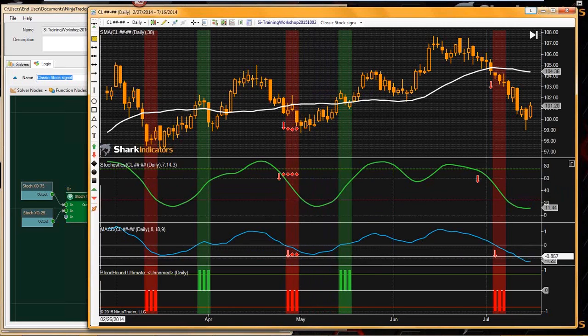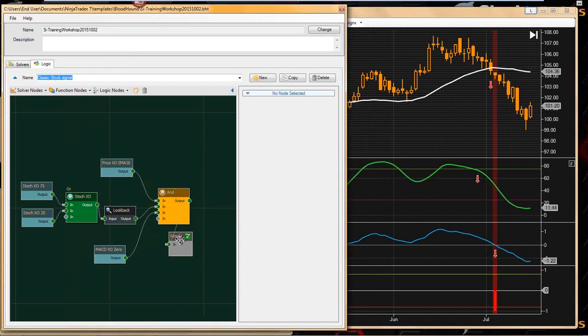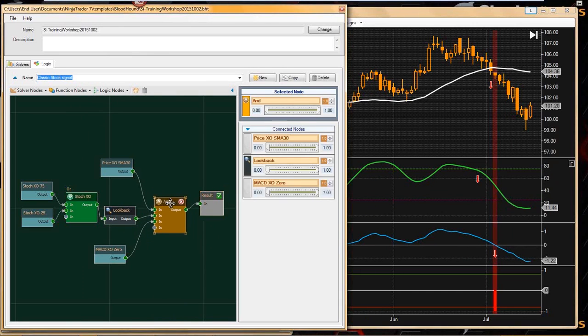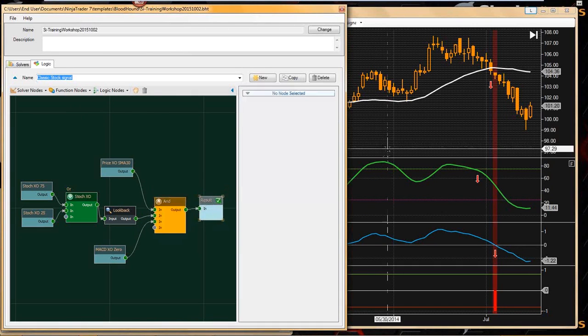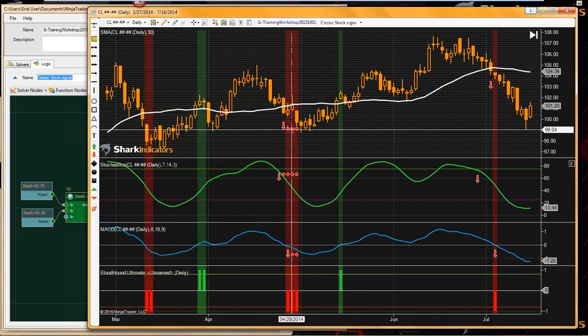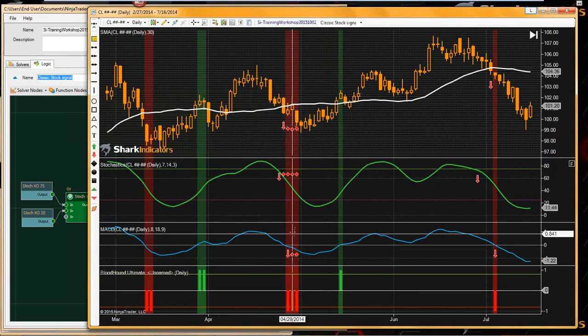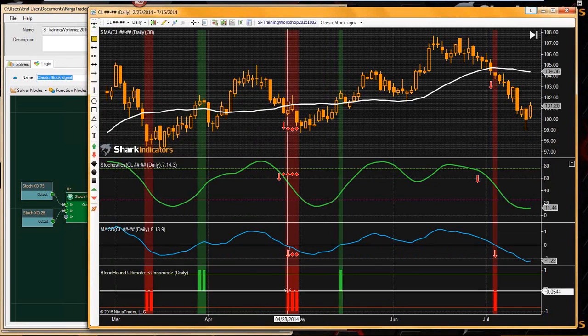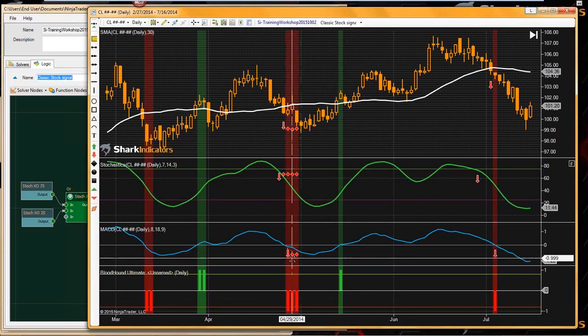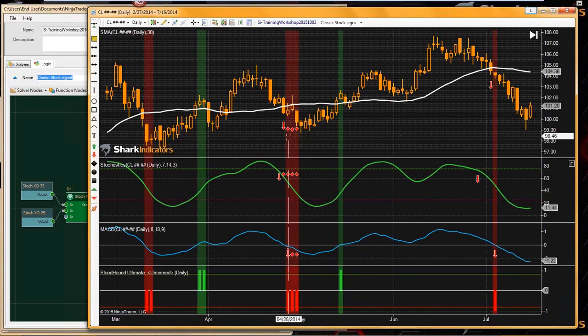Okay, and now let's switch back to looking at the AND node, which is the final signals here. So if we look at all the diamonds, you see how the diamonds are overlapping? So that's why you get extra signals there.